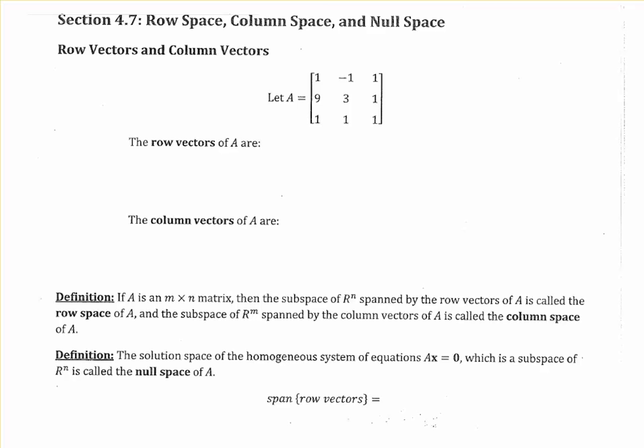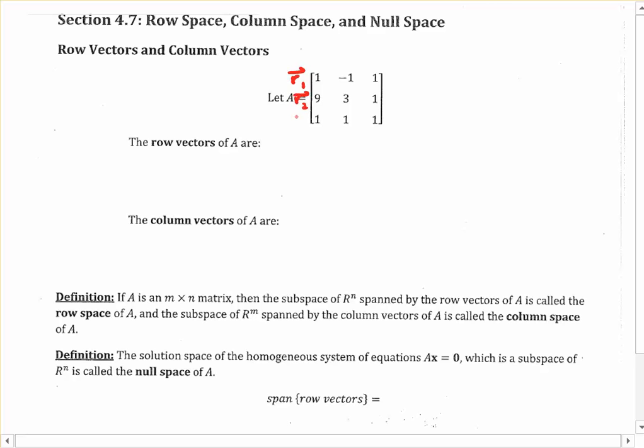The first vectors are the row vectors, and these guys are really easy to figure out. You just basically take each row and convert it into a vector, and I'm going to use the bracket notation versus comma delimited, if you don't mind. Row 1 can be converted to a vector, so could row 2, and so can row 3. So I'll write them out here.